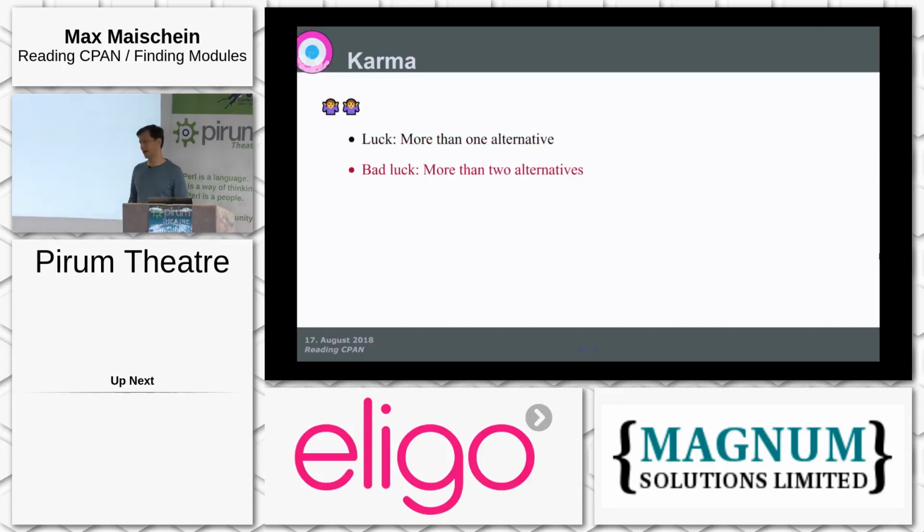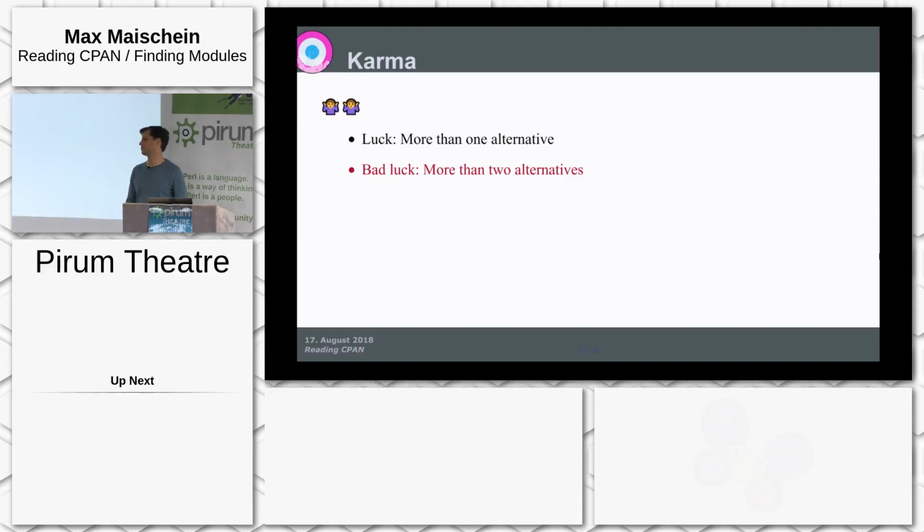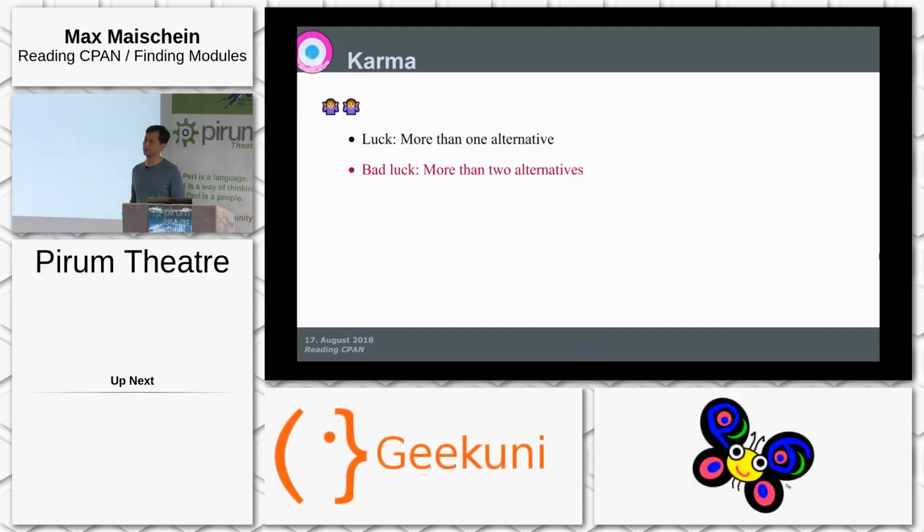If you have bad luck, you get more than two alternatives. Because if you want to make a good decision, you want to have taken a short look at every possible solution. But maybe you are good at throwing darts or whatever to find any solution that works.